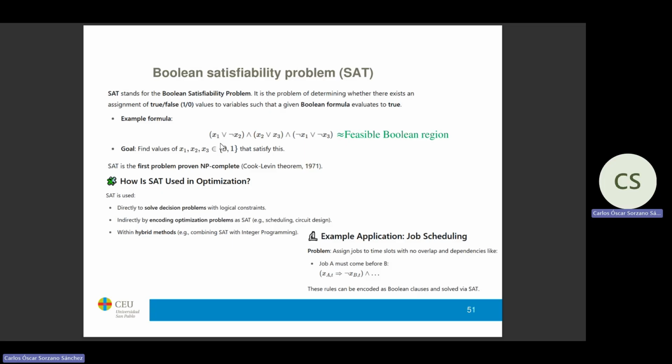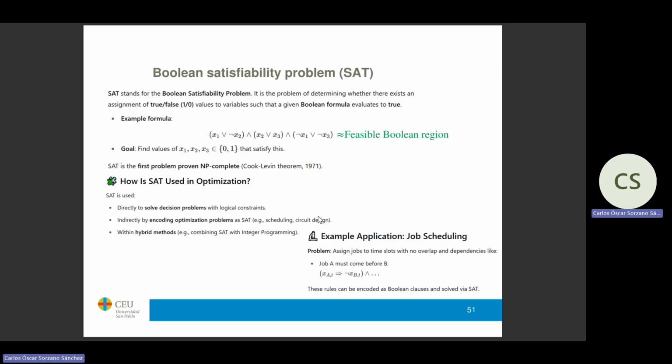And this can be shown to be an NP-complete problem. So you have to explore all possible combinations. This problem is called SAT, that is, the satisfiability problem. So SAT is used to solve decision problems with this kind of logical constraints.